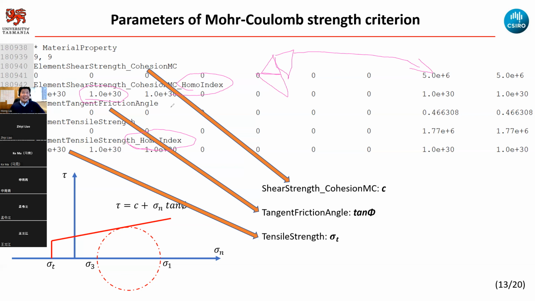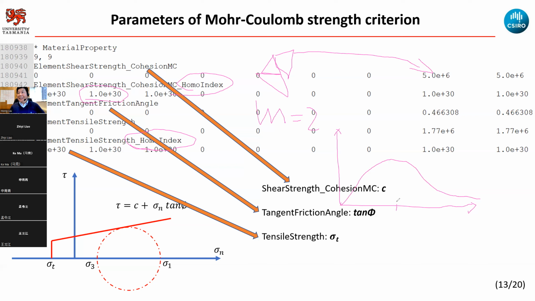Like in RFPA, we put in M equal to 2. Then when you give the tension strength or a cohesion, you will have a wide-ranging distribution. So then you give it heterogeneity.